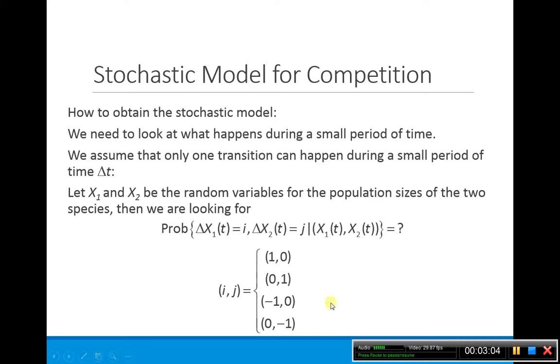The biggest thing when you're dealing with more than one category, which is what you'll be looking at in your homework, is that you have to think about one transition at a time.